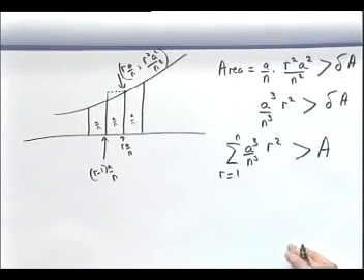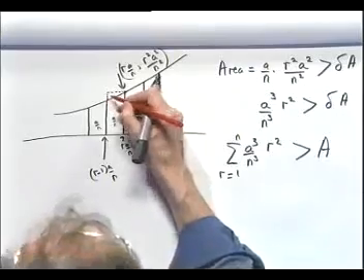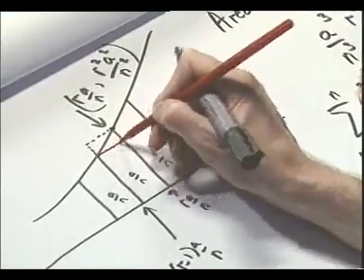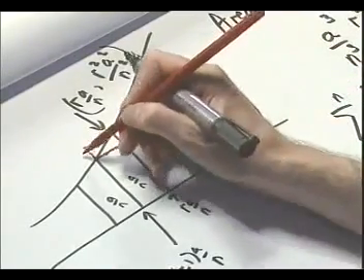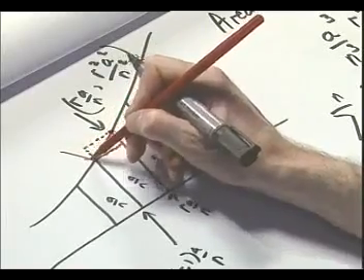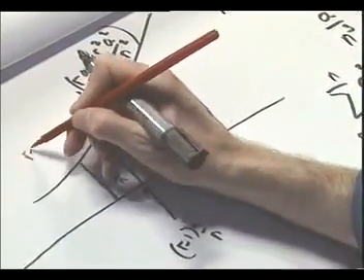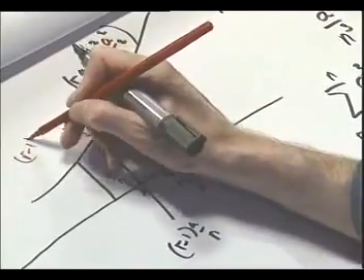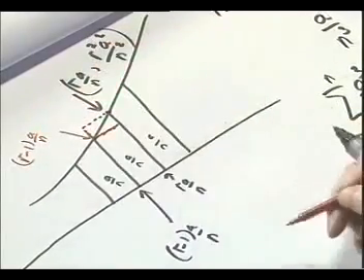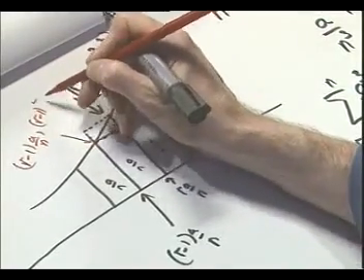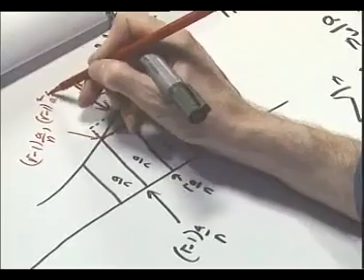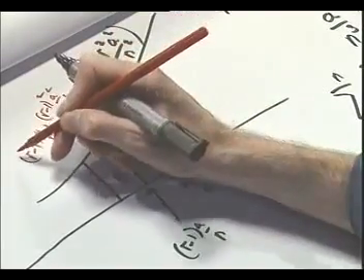Now let's look at the other rectangle, this one, the lower one. Now we can see that the height of this one depends upon this point here, and its coordinate is r minus 1 times A over n for x, and so its y coordinate is r minus 1 squared A squared over n squared.